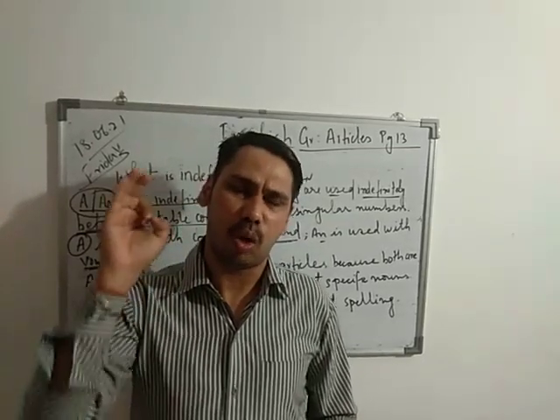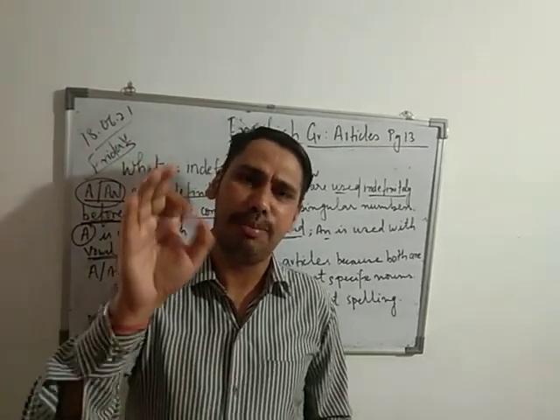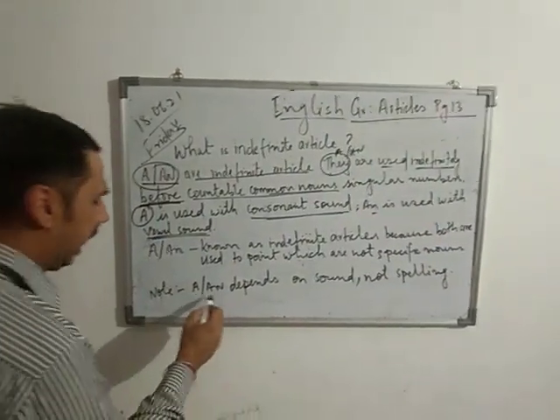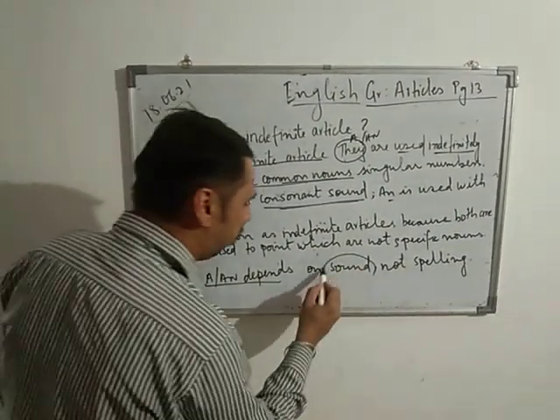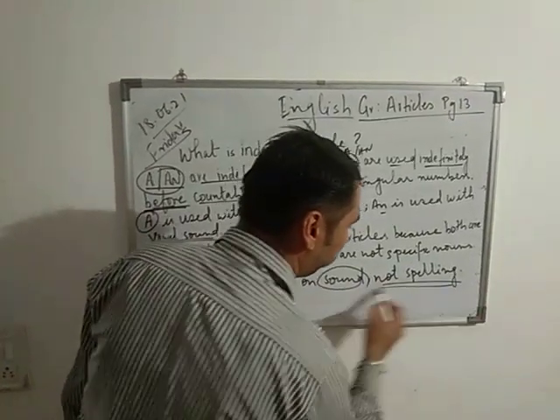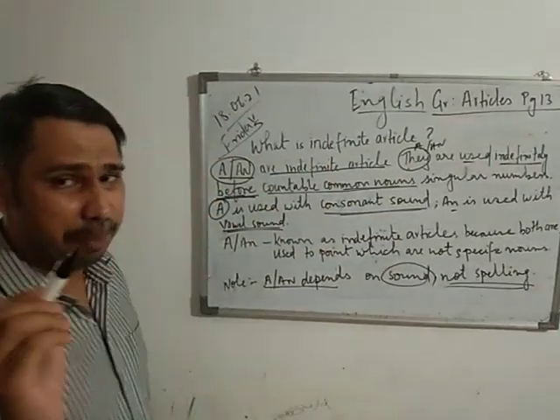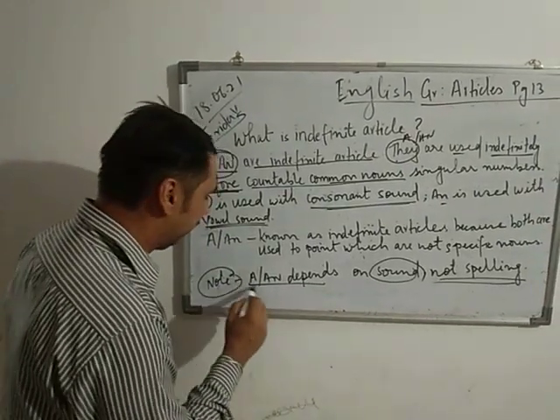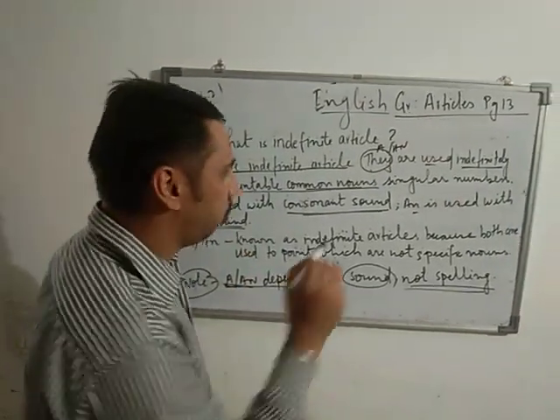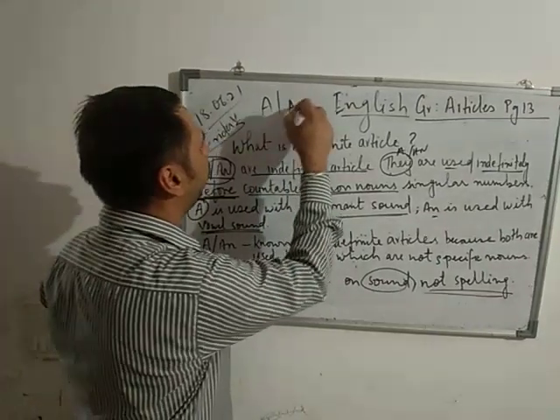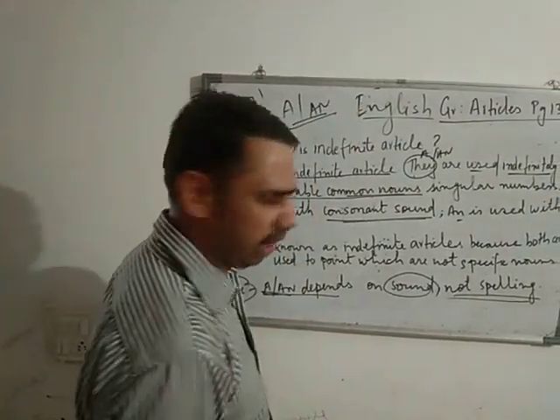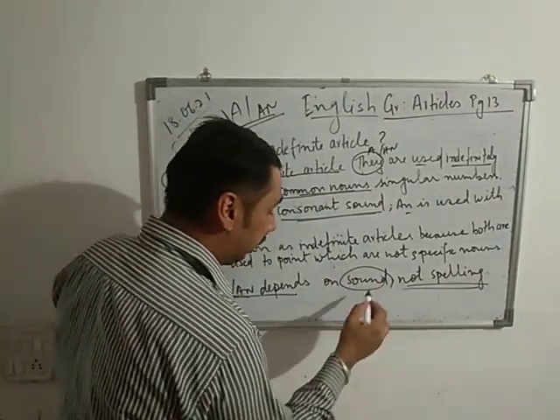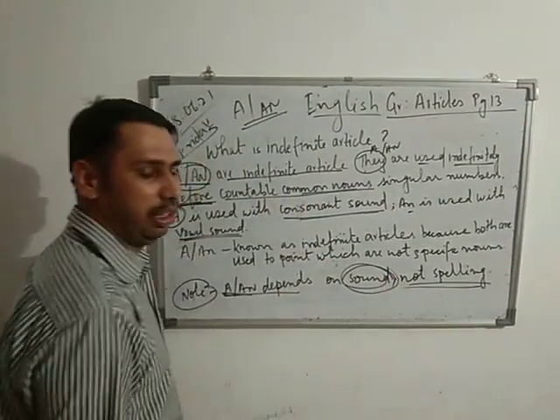When the sound starts with a consonant, it is a. Remember children, what is important is that a or an depends on the sound, not spelling. We need to listen to the sound correctly.